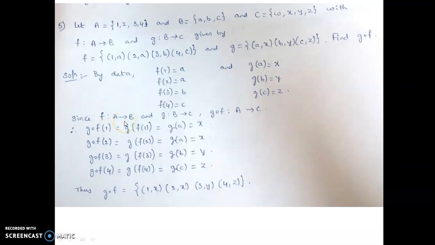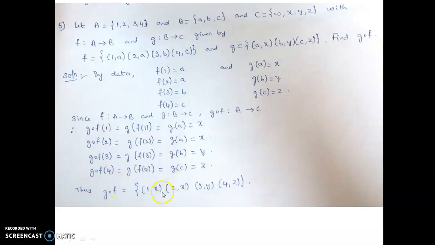Since f is a function from A to B and g is from B to C, g of f is from A to C. See, g of f of 1: f of 1 is a, so g of a means x. g of f of 2: f of 2 is a again, so g of a is x again. g of f of 3: f of 3 is b, and g of b is y. g of f of 4: f of 4 is c, so g of c is z.